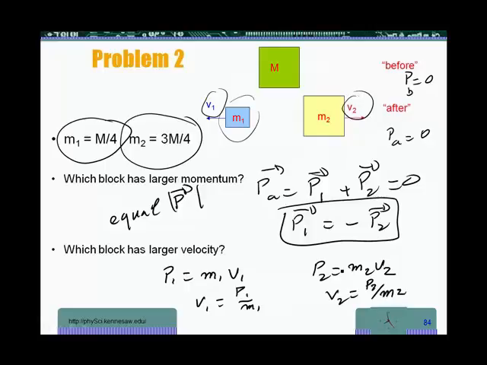Since p1 is equal to p2, we have the same value here, but I'm dividing this one by a smaller number than this one. So when I divide the same thing by a smaller number, I get a larger value. That tells me that v1 is larger than v2.